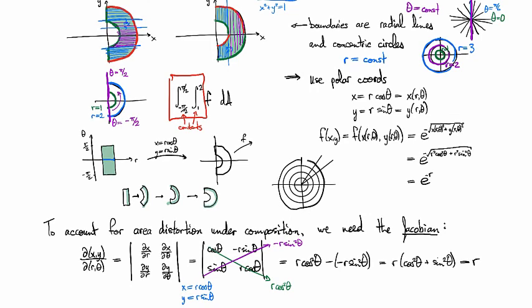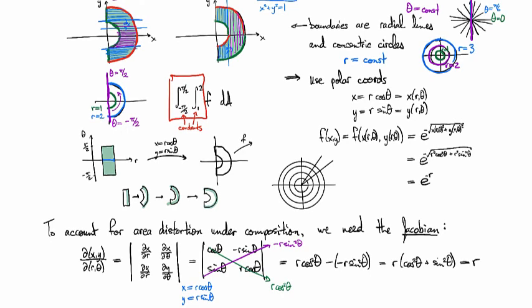Now, suppose these are all equally spaced concentric circles. I know it's not really looking like that, but whatever.